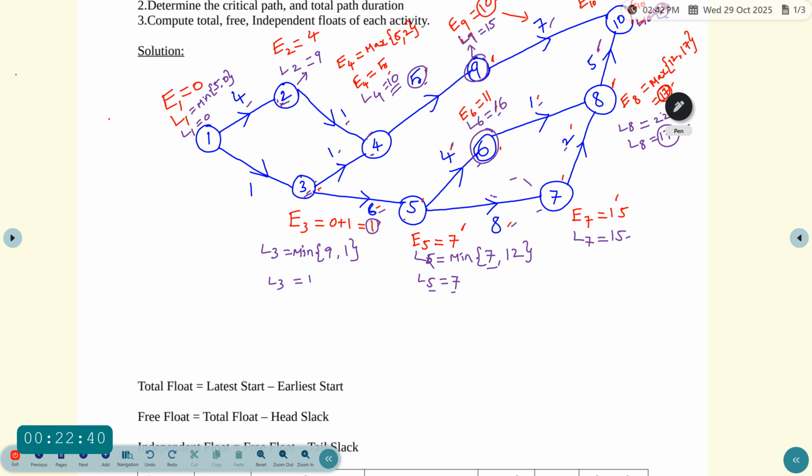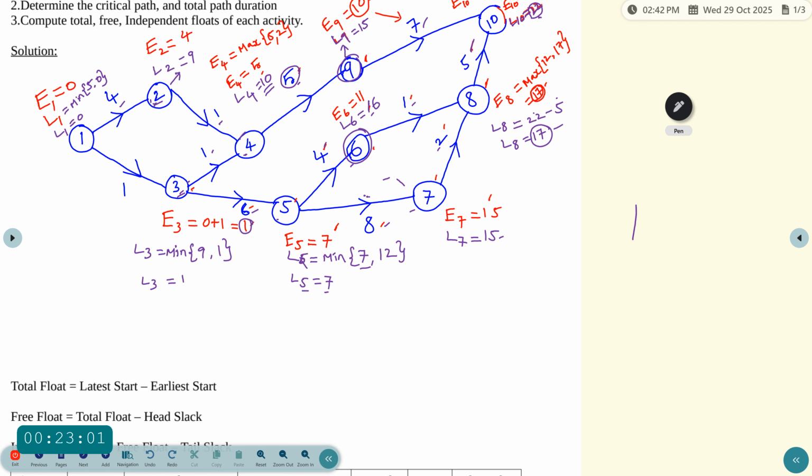See, for every starting and ending event, the latest time and earliest time are always 0 at the start. So E1 equal to 0, L1 equal to 0. Similarly, L10 and E10 equal to 22.